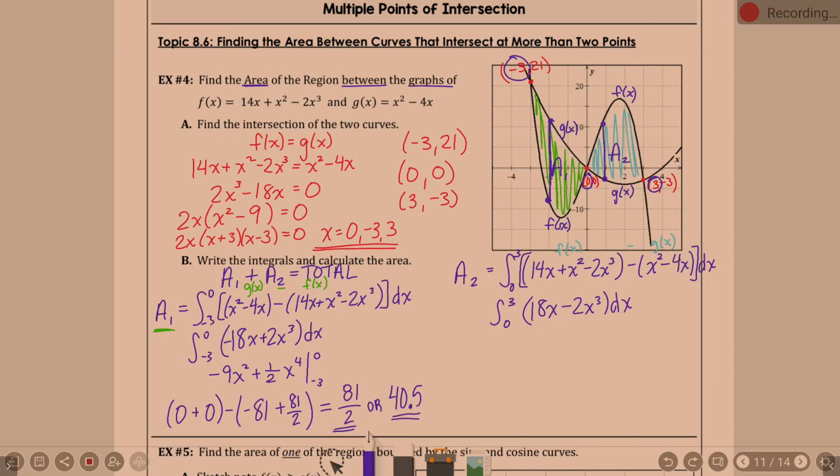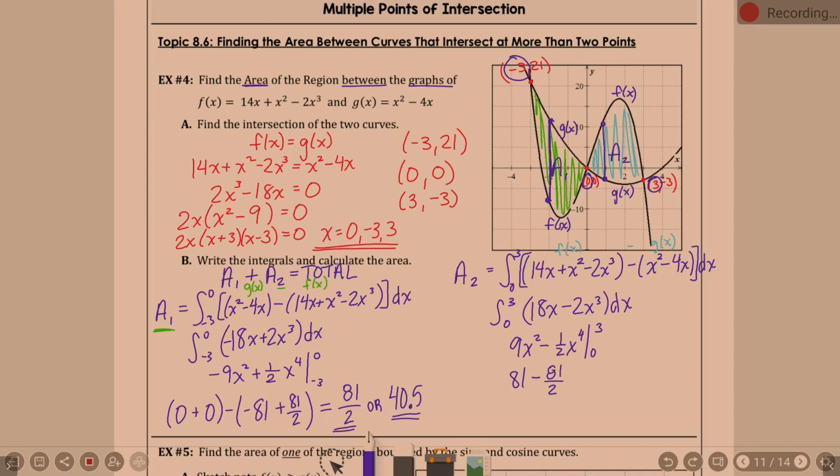Integral of 18x. Oh my goodness. Positive 9x squared minus 1/2 x to the 4th. Evaluating from 0 to 3. Plug in 3. 81 minus 81 halves.